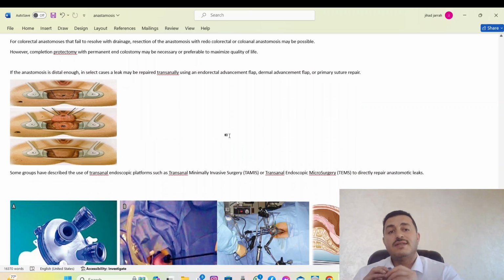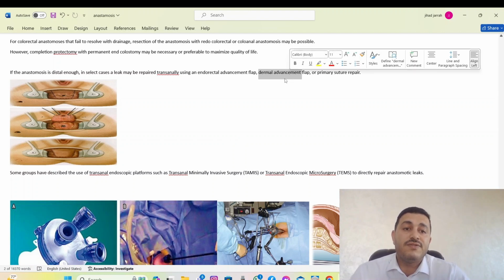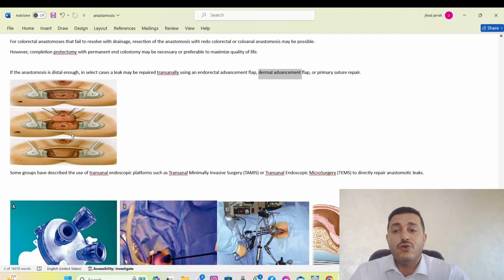If the anastomosis is distal, the approach can be transanal. If the anastomotic leak is distal, we can use some flap technique. For example, the endorectal advancement flap, the dermal advancement flap, primary suturing through the anus.